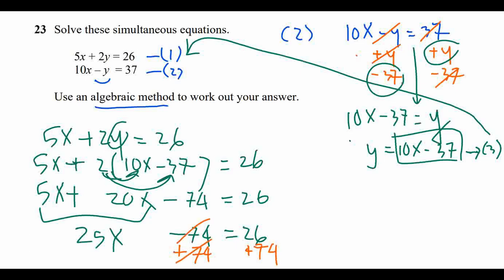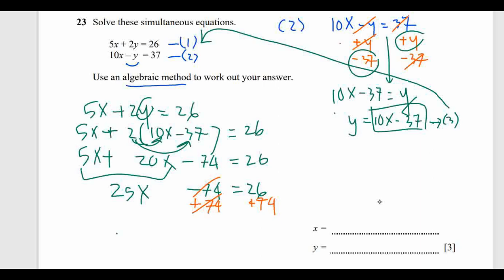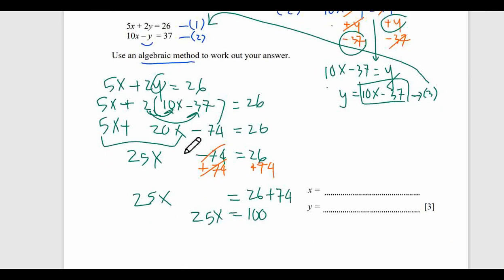What we have left is 25x equals to 26 plus 74, which is equals to 100. 25x equals to 100. To get x, we can divide both sides by 25. Now we can cancel the 25. Now what is x? x is equal to 100 divided by 25, that is 4.